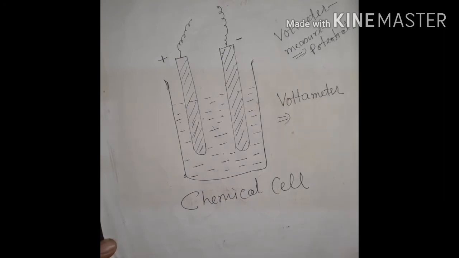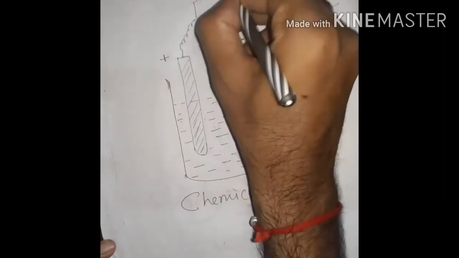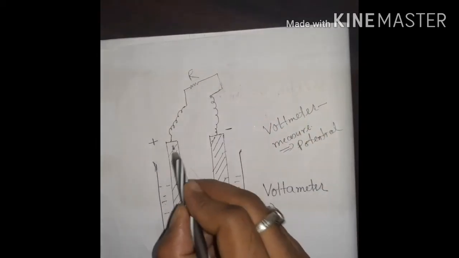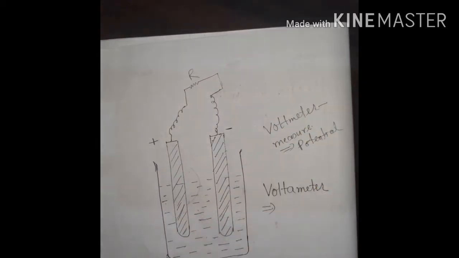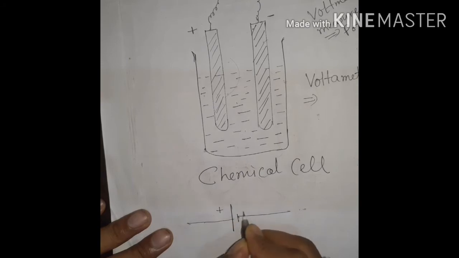Now what happens when you connect this through an external resistance? You must be seeing this is the external resistance. These are the two ends of the connector. It is symbolically denoted as this. We all are very aware of this.